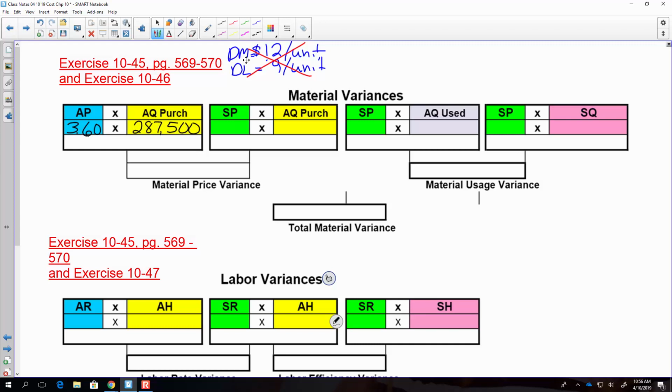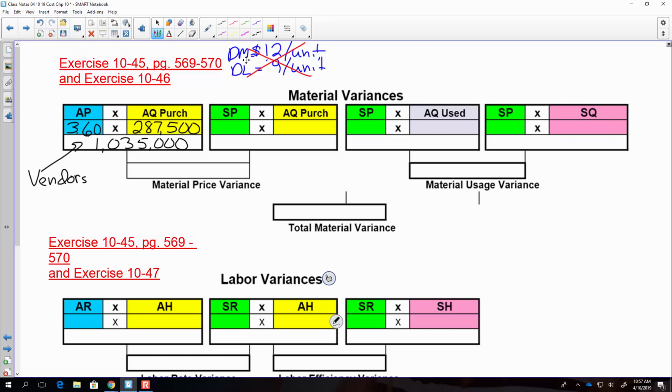We multiply the two numbers together, and I get how much? So this is what I paid to my vendors, right? My vendors charged me $3.60 for each strip.